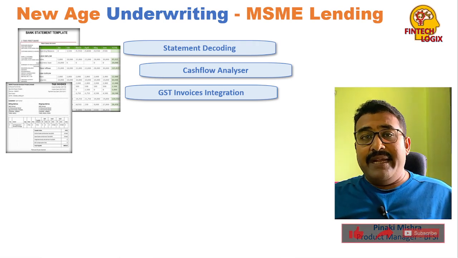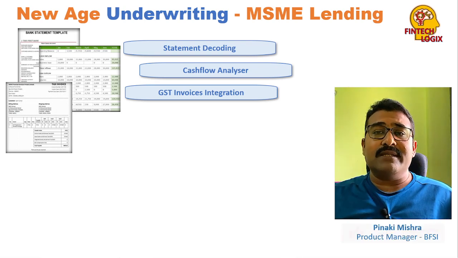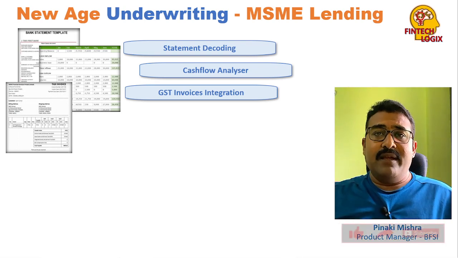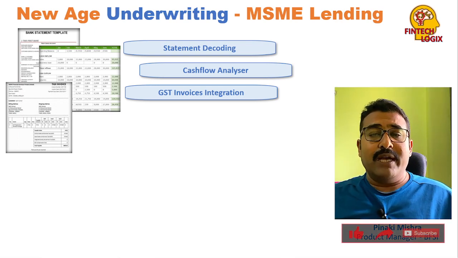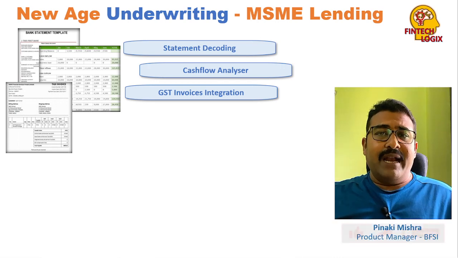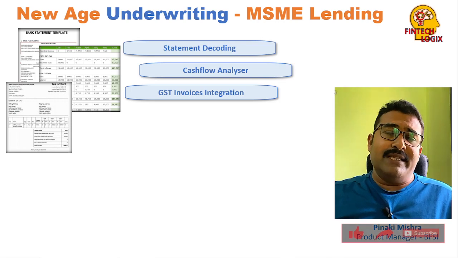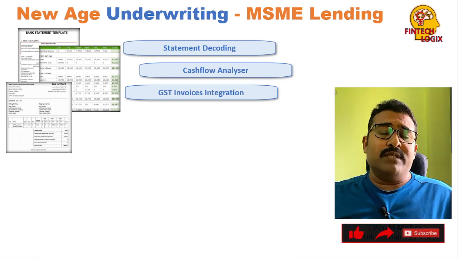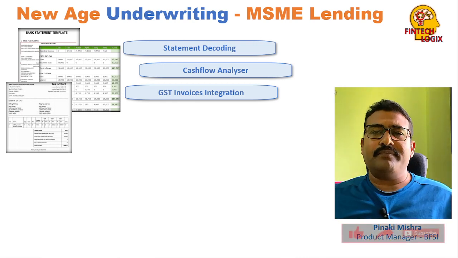So if you can integrate with GSTIN to get the invoices on a regular basis, at the time of underwriting and throughout the loan life cycle, it becomes much easier to understand how a business is performing. So a lot of underwriting is being done using GST invoices at this point of time. This is slowly taking place.